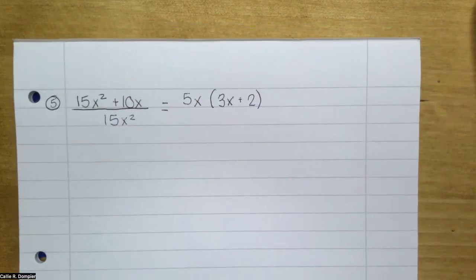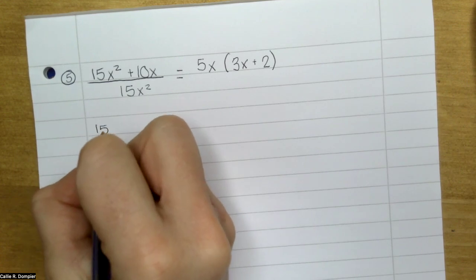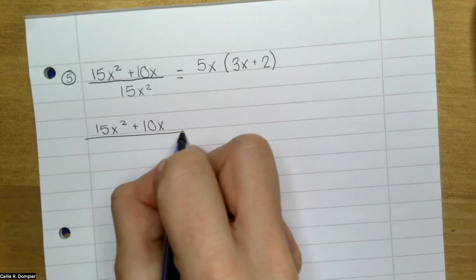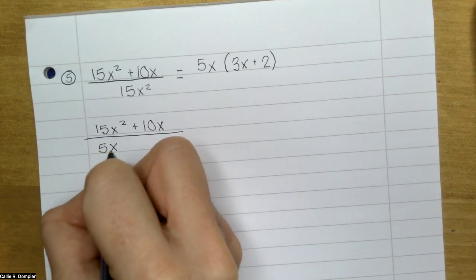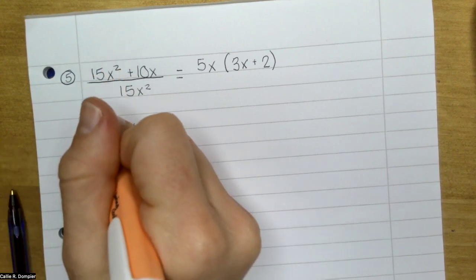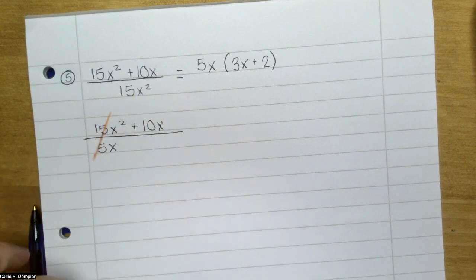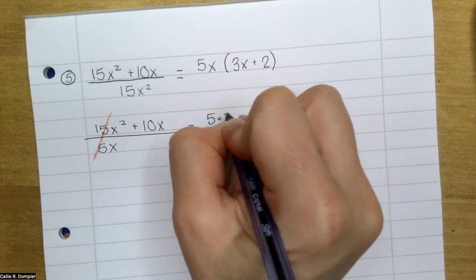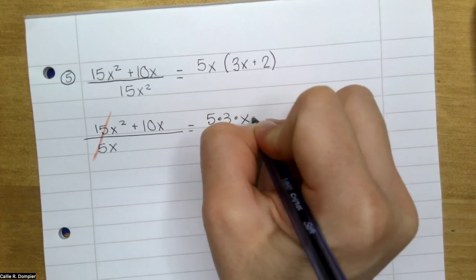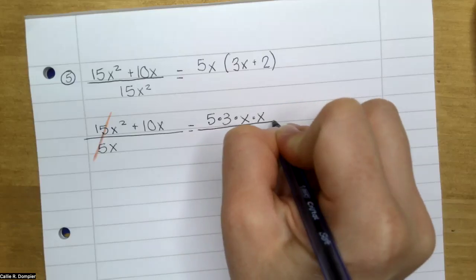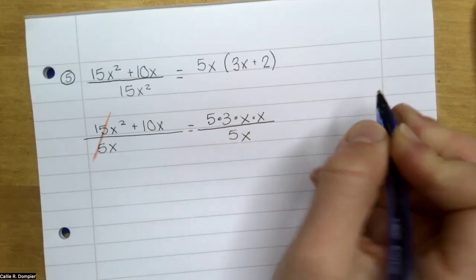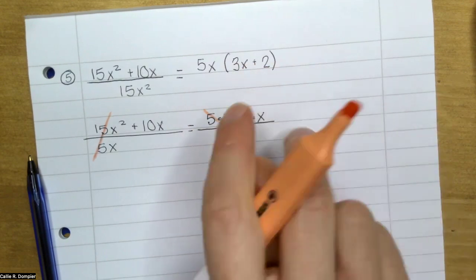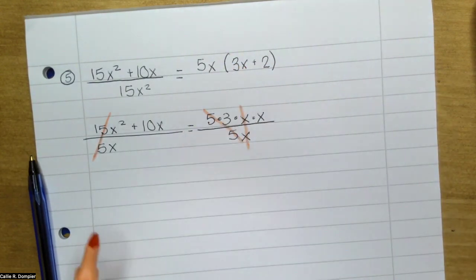Why? Because 15x squared plus 10x, 15 divided by 5. 15 becomes 5 times 3. X squared becomes x times x. And that was all over 5x. So I can cancel out that and that. I'm left with the 3x, right?